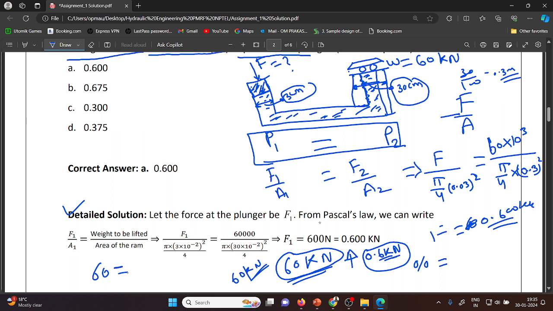Like 60 is equal to y times of 0.6. We will calculate here: 60 by 0.6, that is 100 times. Yes, you have applied 100 times less force for lifting this thing. So it is very interesting and motivating.